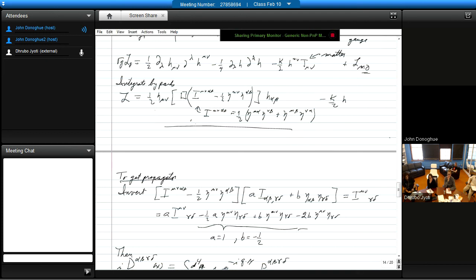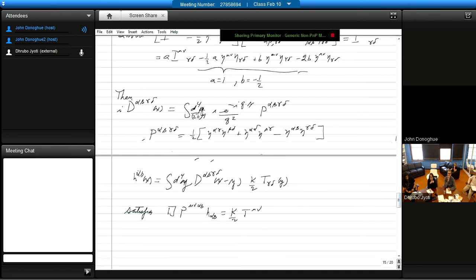I should maybe have the kappa over 2 h mu nu T mu nu there. The wave equation that follows from that Lagrangian is this equation.